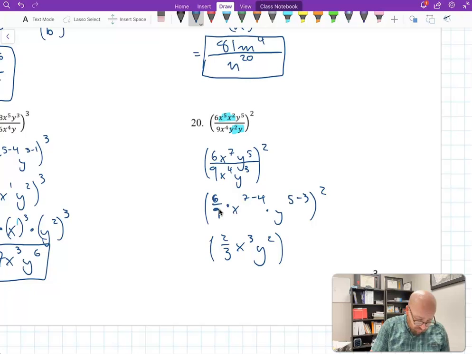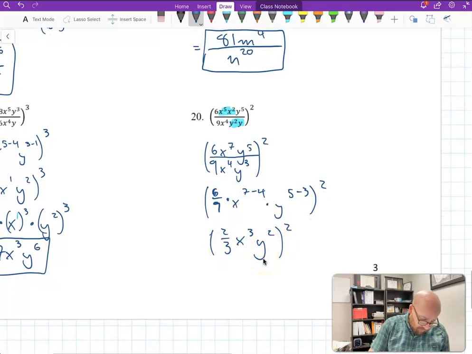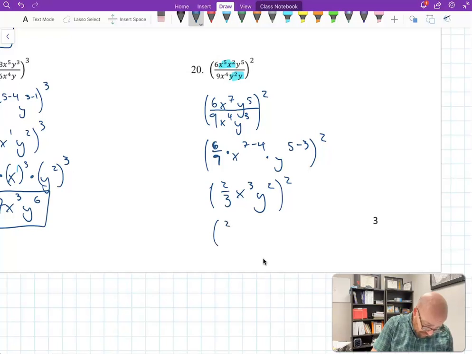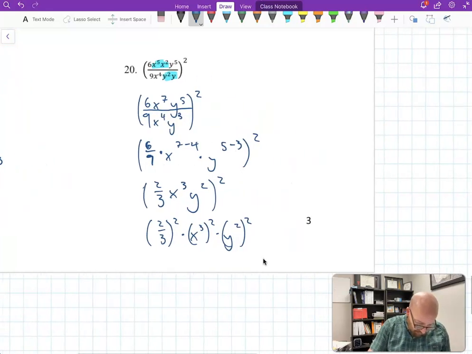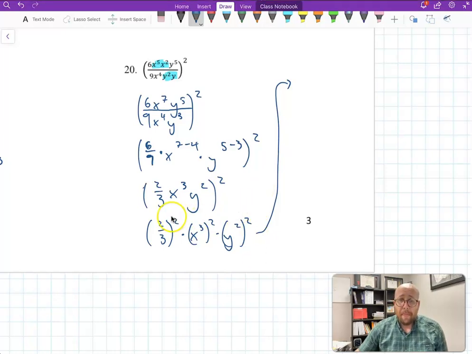And we are going to square this. Again, the exponent of 2 will be applied to every single factor. So that's going to be 2/3 squared times x cubed squared times y squared squared. For 2/3 squared, this exponent of 2 is going to be applied to the numerator and to the denominator.